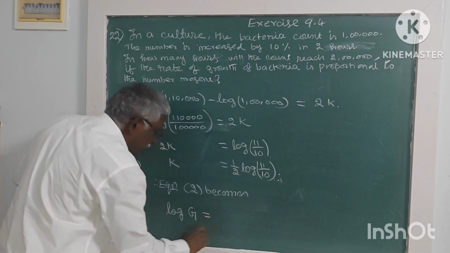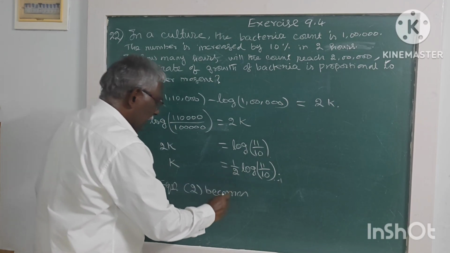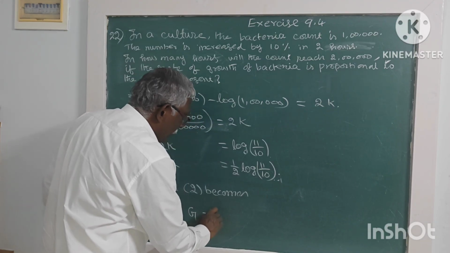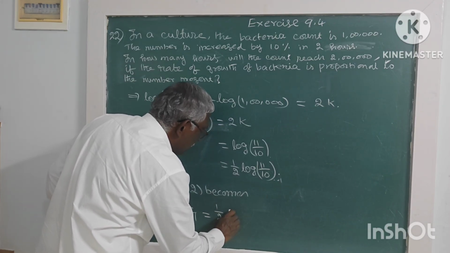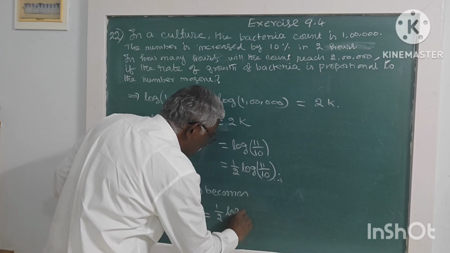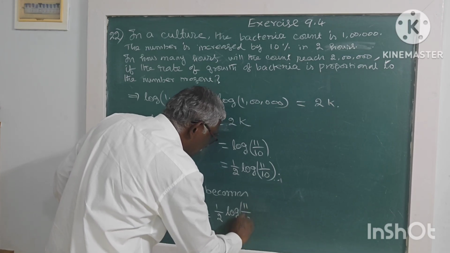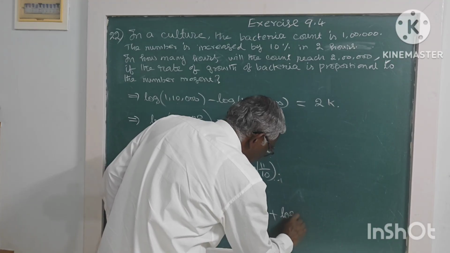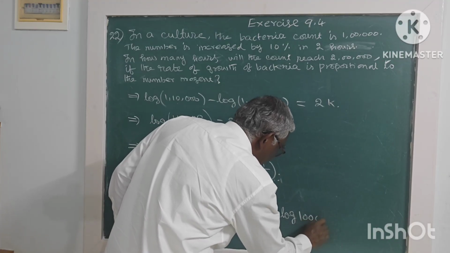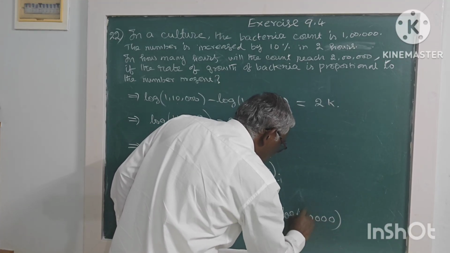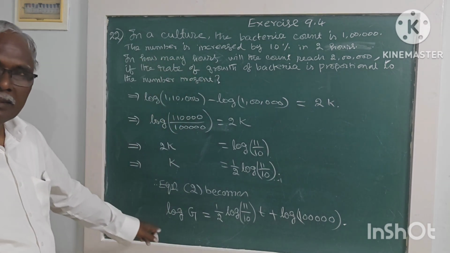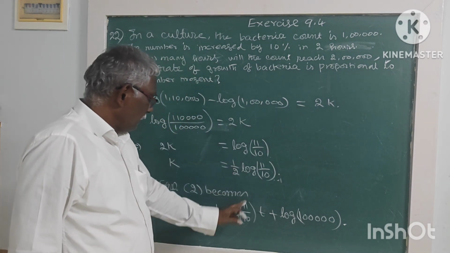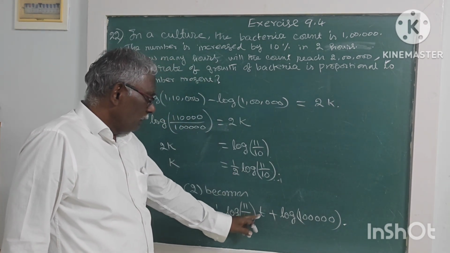Log g is equal to 1 by 2 times log of 11 by 10 times t plus log 1 lakh. So for k we are substituting this value.